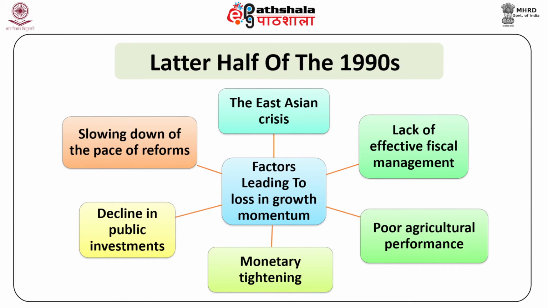For example, the East Asian crisis, that is the financial crisis that emerged in Thailand and later engulfed many East Asian countries, lack of effective fiscal management, poor agricultural performance as a result of bad monsoons, monetary tightening that lowered investments in the private sector, decline in public investments, and slowing down of the pace of reforms.